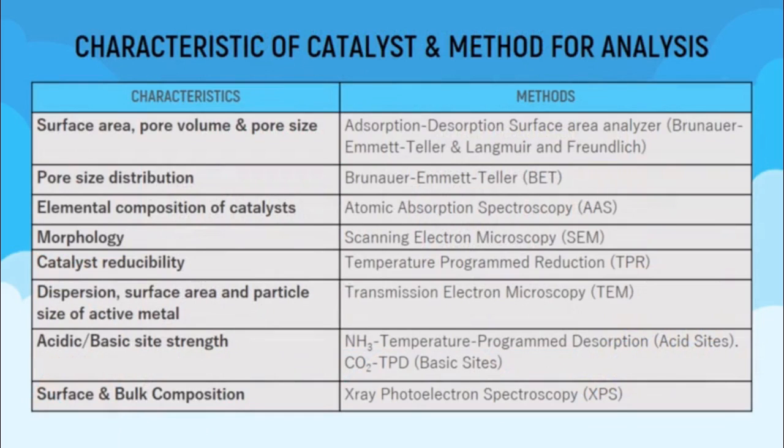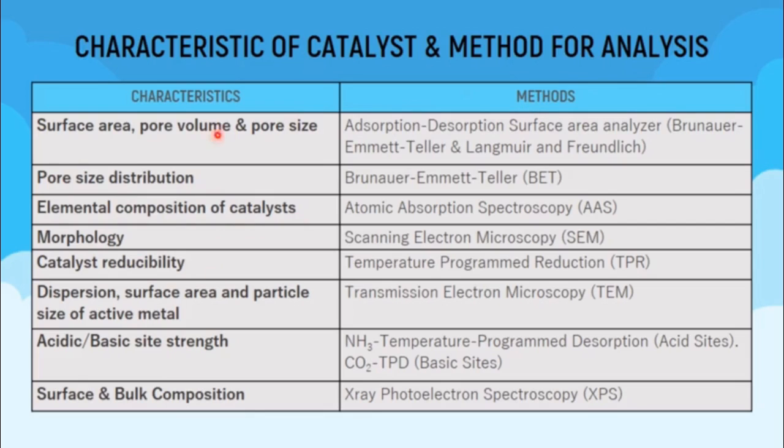Okay, next, this is an overview of the characteristics of catalysts and the methods for analysis. There are several characteristics of a catalyst: surface area, pore volume, pore size distribution, elemental composition of the catalyst, morphology, catalyst reducibility, and many more.